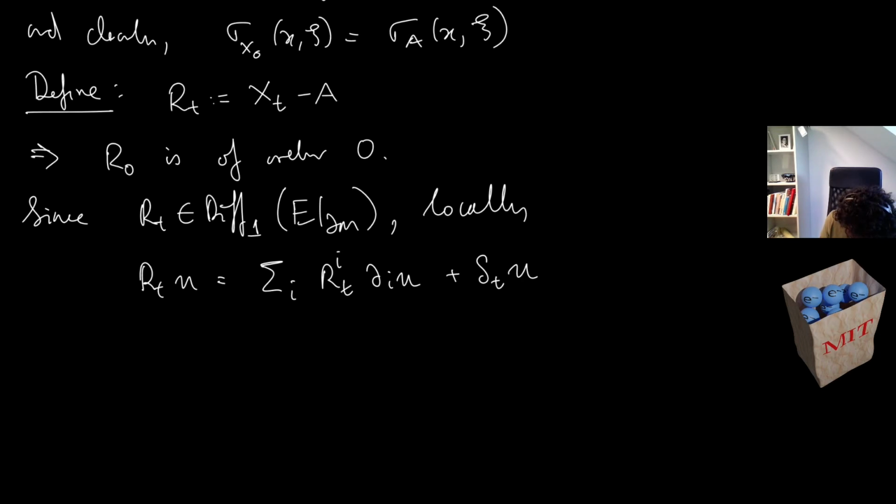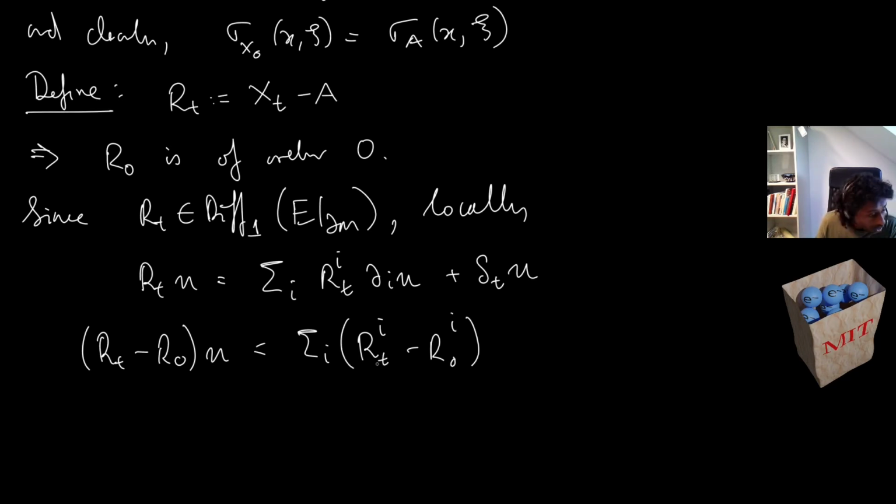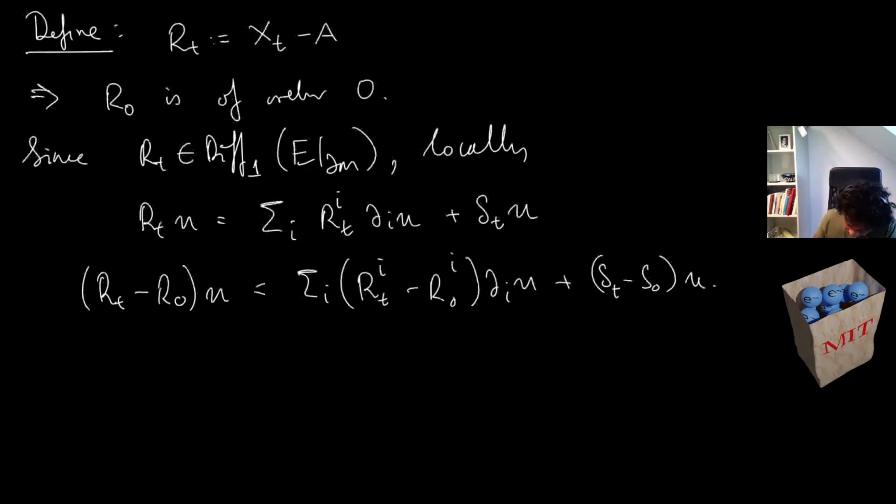And so if I subtract now from R_t, if I subtract R_0 and act on U, this is going to be equal to the sum of (R_t^i minus R_0^i) partial_i of U plus (S_t minus S_0) of U. Okay, good.